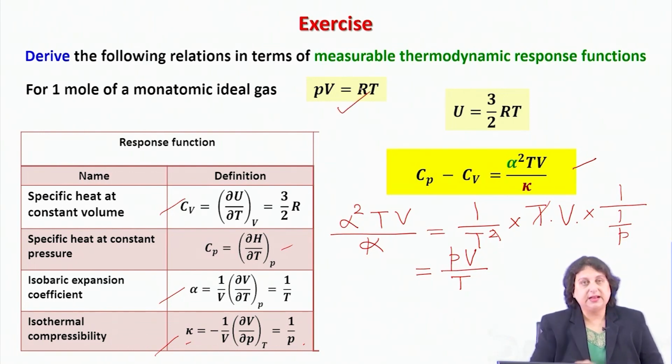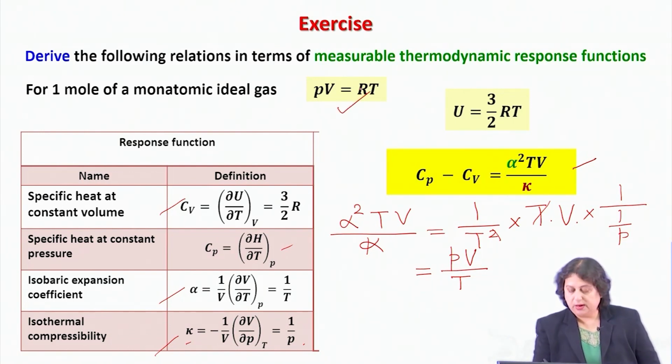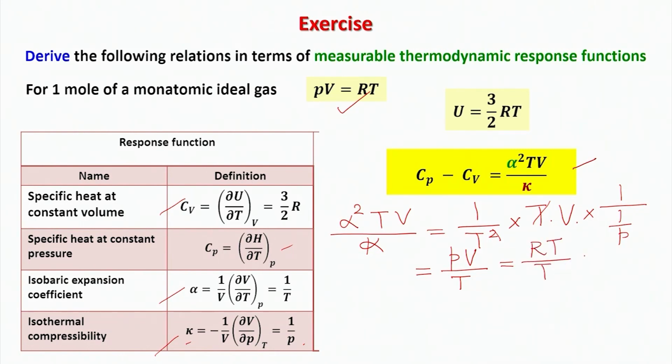Since it's an ideal gas, I know this is equal to RT. Therefore, this term is nothing but RT by T, and this is equal to R. Therefore, for 1 mole of an ideal gas, we have been able to show that Cp minus Cv is equal to R.